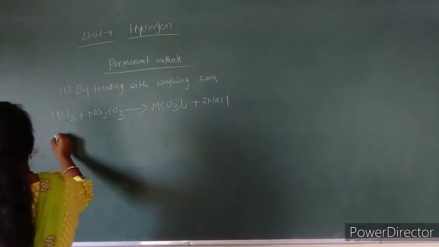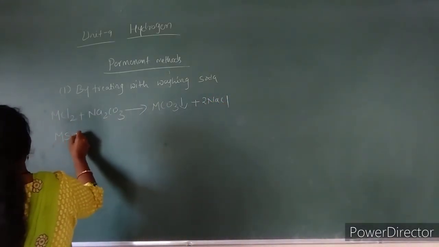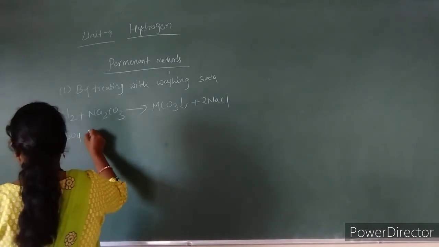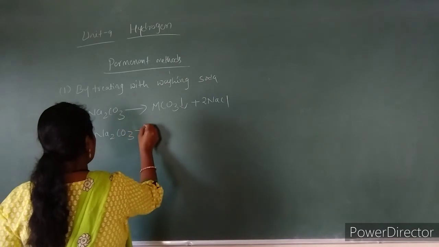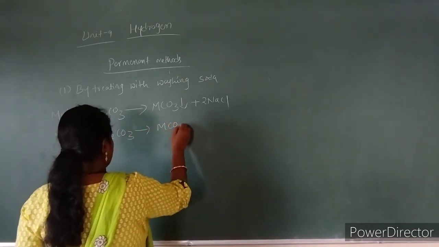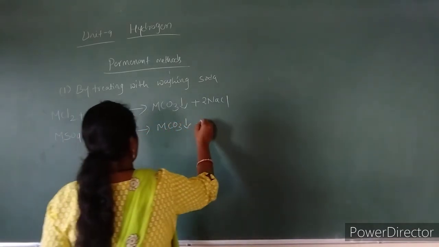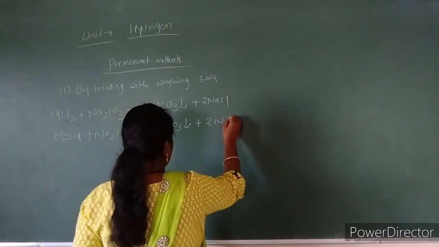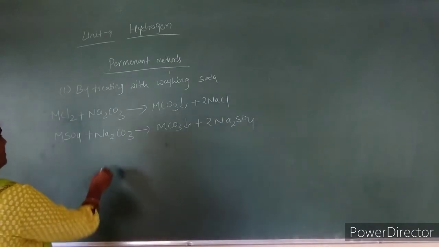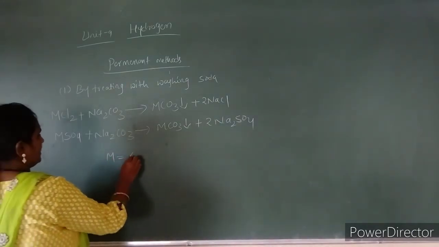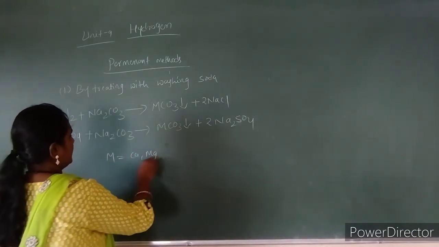If they exist in sulfate form, they will also be converted into metal carbonate precipitates. Then they will be removed and the water will become soft. Here M may be calcium or also magnesium.